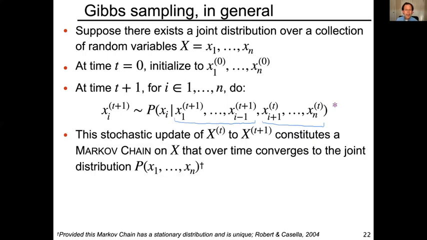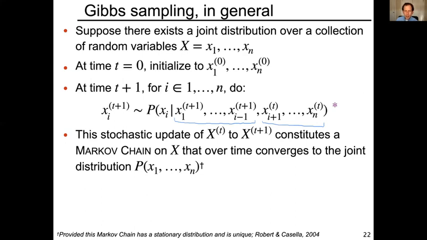If we do this over and over again, one full iteration through the data set is a stochastic update of the representation of x, so we've changed xt to xt plus 1. This constitutes what's called a Markov chain on the random variable x. Over time, provided some very general and widely holding assumptions hold, this will converge to the true joint distribution p of x1 through xn.